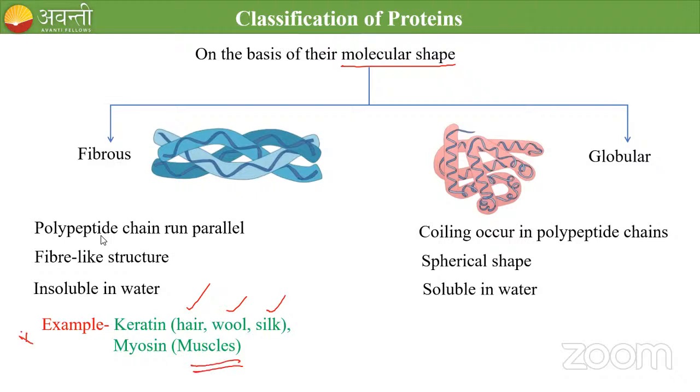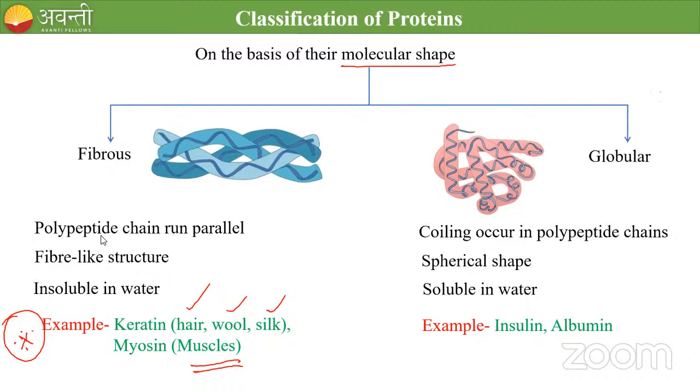Each and everything is important. And coming to the examples of globular protein, insulin and albumin are the examples of globular protein. Insulin and albumin. Clear? Are you able to understand the classification on the basis of molecular shape?